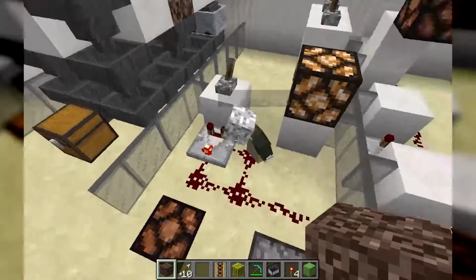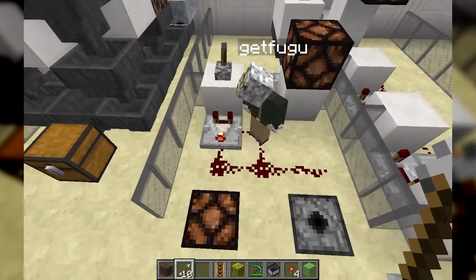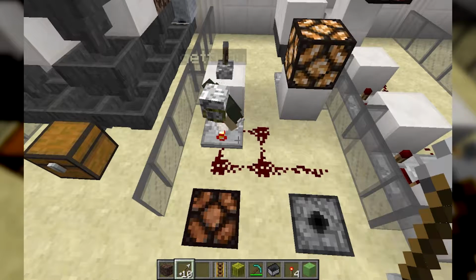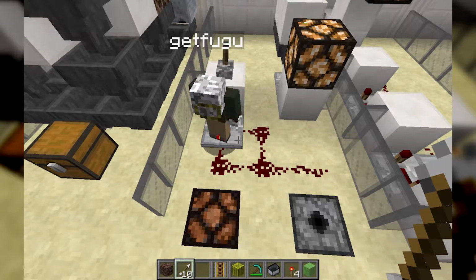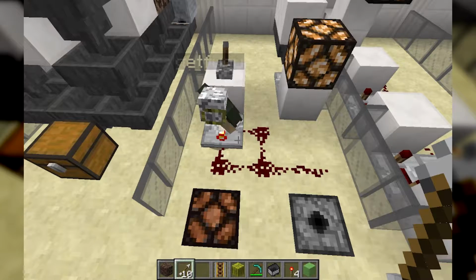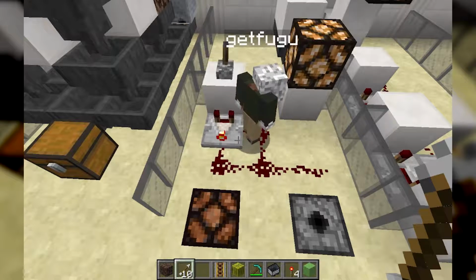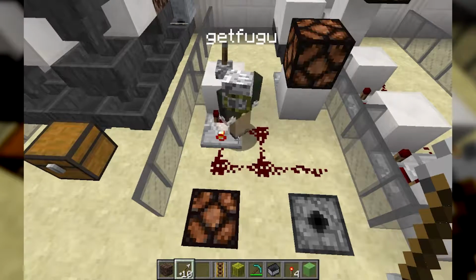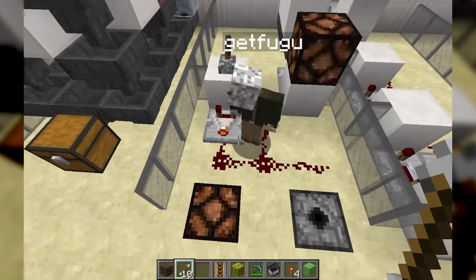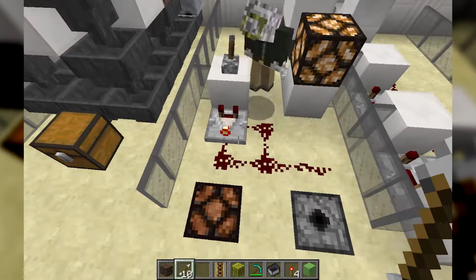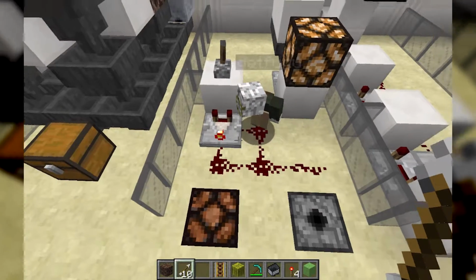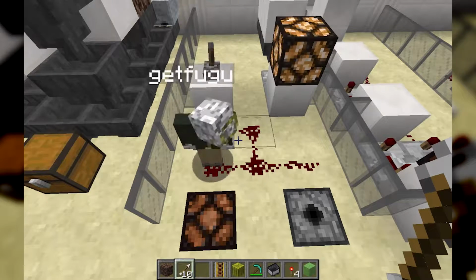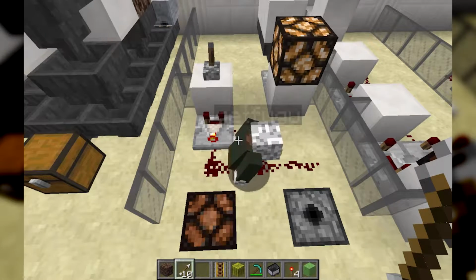So once it gets powered over here, and that happens in one tick, the comparator takes one tick to process it, and then applies the subtraction. So now, instead of outputting 15, it subtracts 13, which is this side input, from 15, which is the lever input, and gets 2. So you get 1, 2.